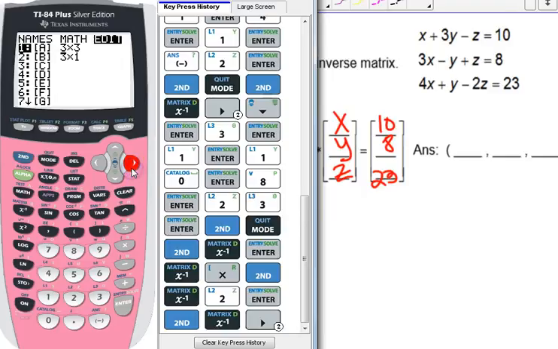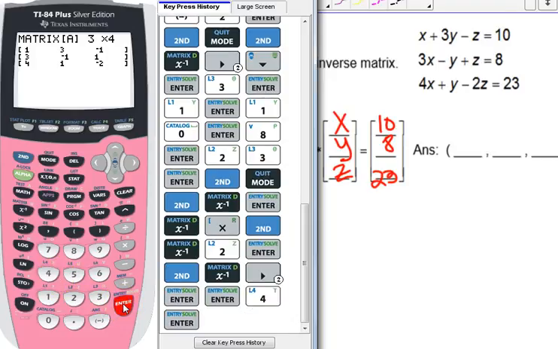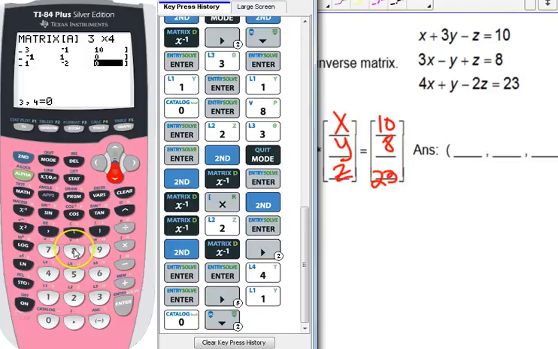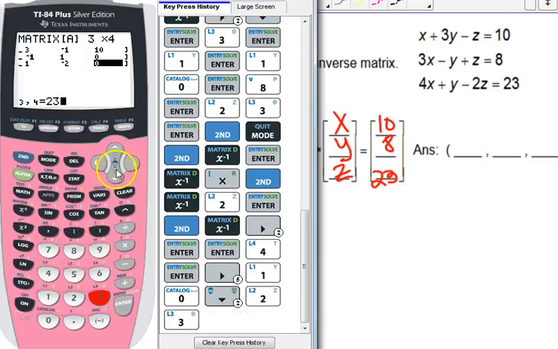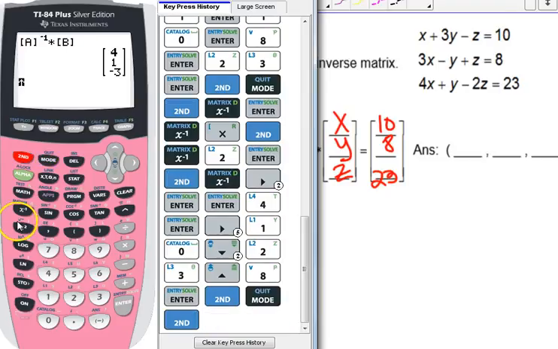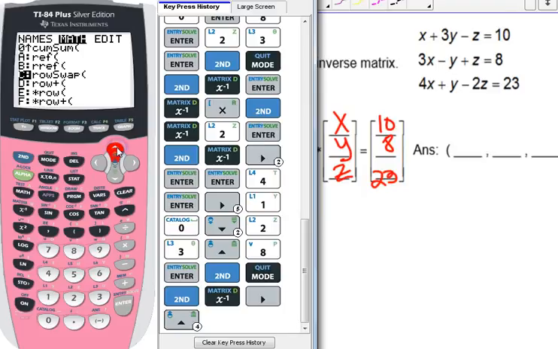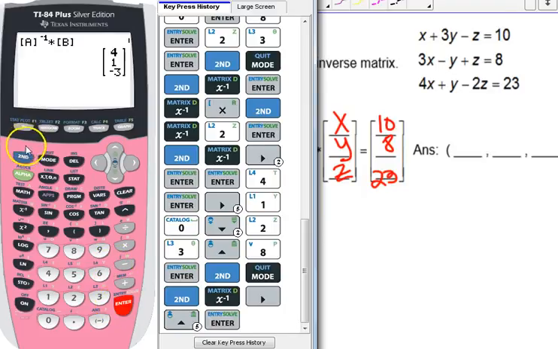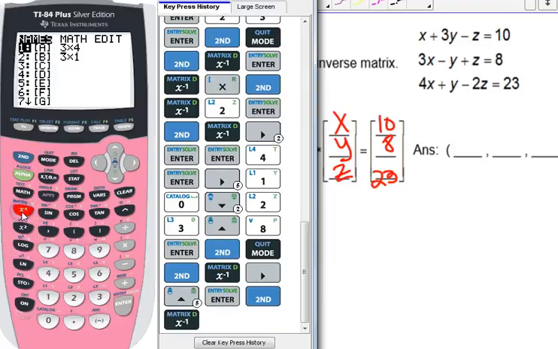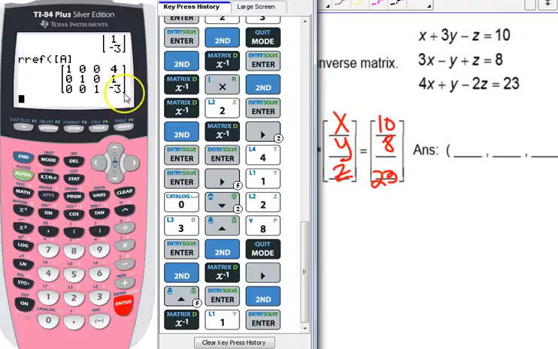If you put it in as matrix A is a 3 by 4, and you put in the same matrix, except at the end over here you put the answers, so you put it all into one matrix, and then you went to the home screen and did matrix math, and found RREF, and told it to take the RREF of matrix 1, which now has everything in, you get the same answer, 4, 1, negative 3.